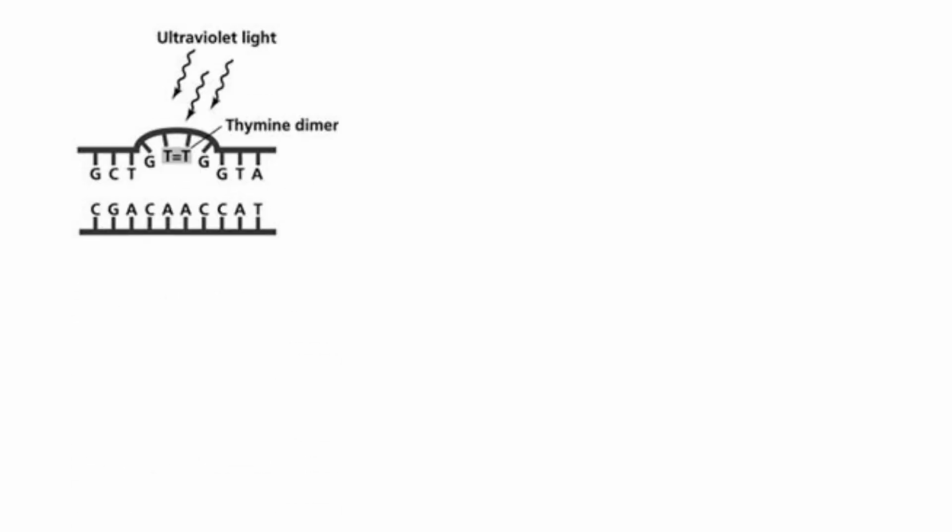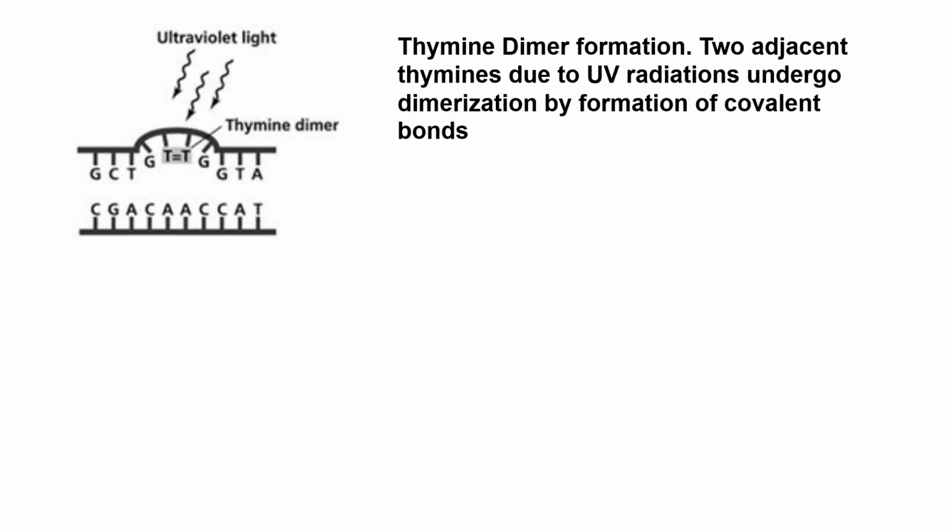UV radiations bring about damage in the DNA. They cause the formation of covalent bonds, particularly two adjacent thymines will undergo dimerization to form what is called a thymine dimer.